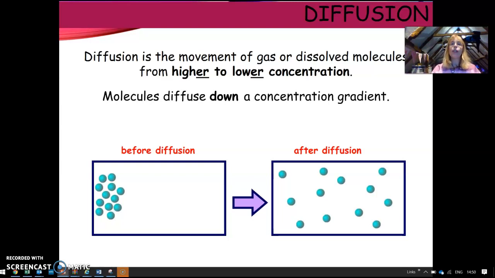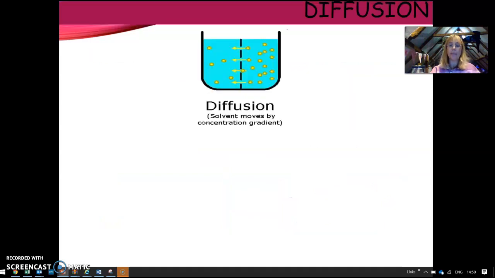So diffusion is the movement of particles from an area of higher to lower concentration. Remember, it's relative, so the ERs are quite important in certain answers. And because it's going from a high concentration and it's coming down, we say it's going down a concentration gradient. And of course, the steeper the concentration gradient it is, the quicker the diffusion is going to be.